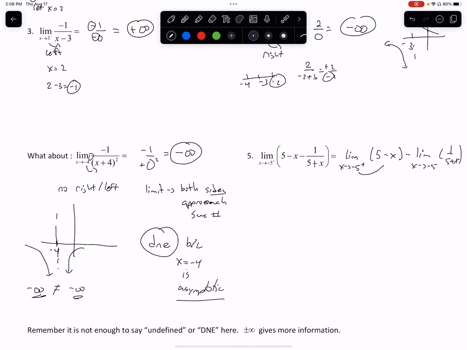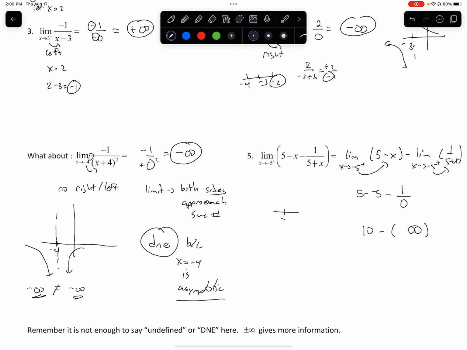Now, if I plug in the -5 here, we would get 5 minus a -5. Here, I'm going to get 1 on top, but I'm going to get 0 on the bottom. So remember, this becomes 10 minus something with an infinity on it. So we're approaching from the right side, so I pick a number close to -5 on the right.